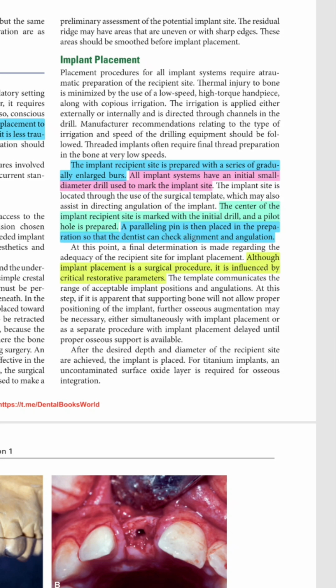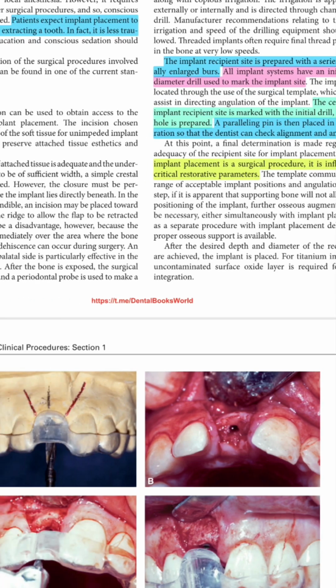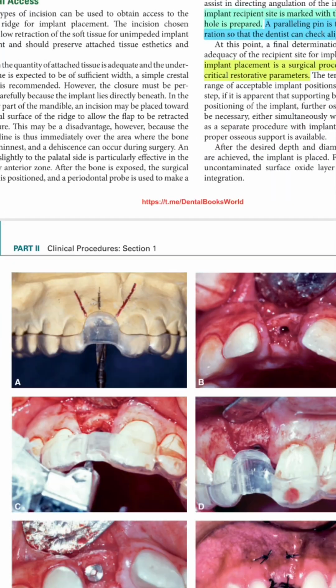A paralleling pin is placed in the preparation for the dentist to check the alignment and the angulation. The placement is influenced by the restorative parameters that we predict in the future.